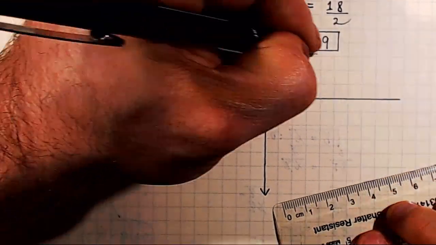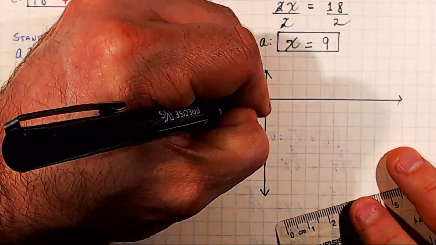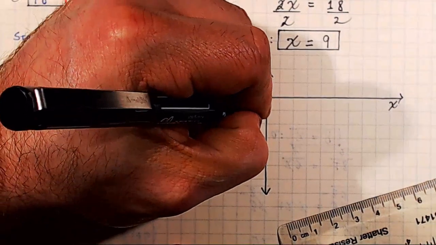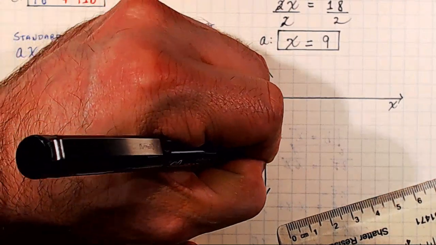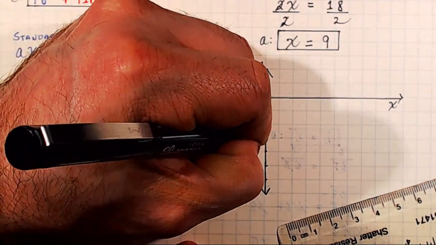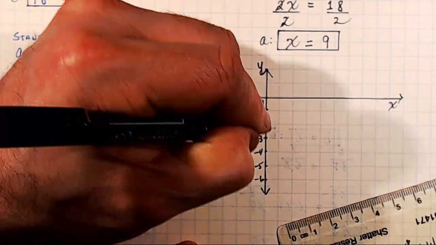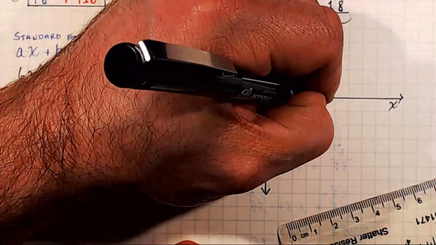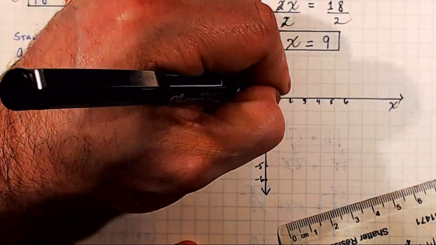Here's my y-axis, here's the origin point, and here's my x-axis. Now I'll label the y-axis: 1, 2, 3, 4, 5, 6, and negative 1, negative 2, negative 3, negative 4, negative 5, negative 6. And over here we have 1, 2, 3, 4, 5, 6 on the x-axis, just like that.